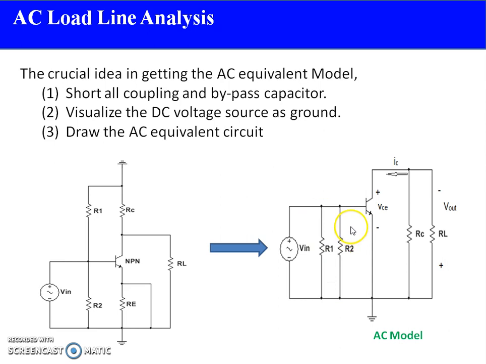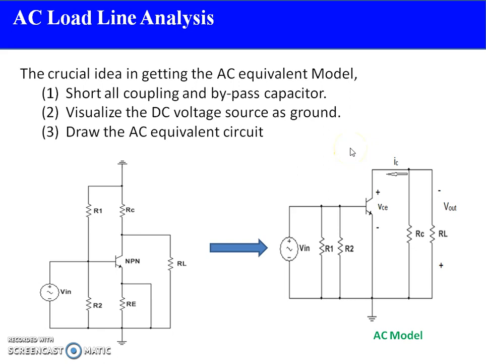Along with this, RL, the load resistor, and the collector resistor RC will also be in parallel, and a small amount of AC current IC is established in this branch. So the effective resistance is RL parallel RC, and RE has no importance, since all the current passes through the short circuit, so there is no importance of the RE resistor over here. The rightmost circuit diagram is called the AC model.